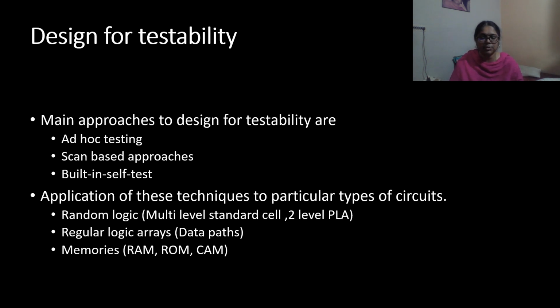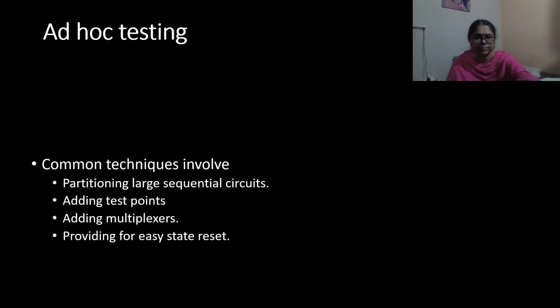Application of these techniques to particular types of circuits include random logic or multi-level standard cell or two-level PLAs, regular logic arrays, for example data paths, and memories such as RAM, ROM, CAM. Ad hoc testing. These are collections of ideas aimed at reducing the combinational explosion of testing.